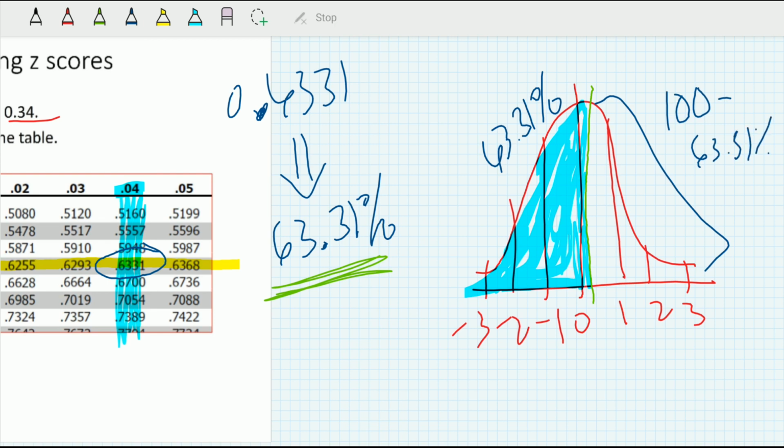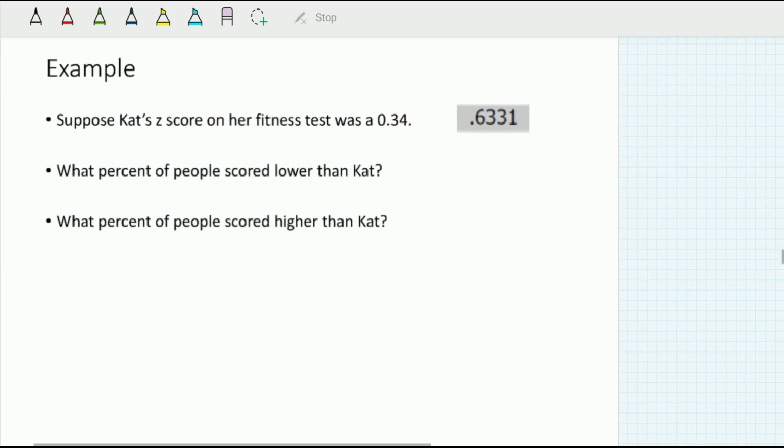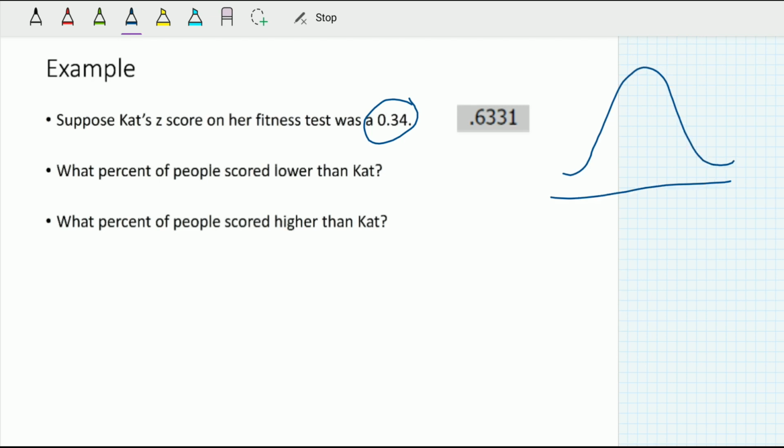And so now you just have to go back to the question and really understand what's going on here. Okay, so let's go back to the question. What percent of people scored lower than Kat? So you have to remember, Kat's z-score was 0.34. All right, 0.34 right here.